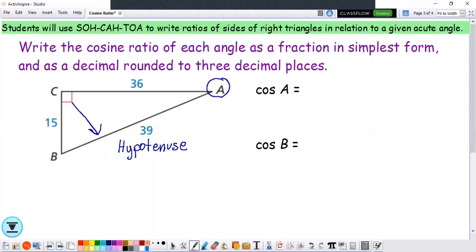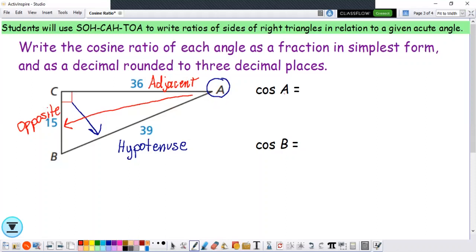And then remember, directly across from the angle is the opposite side. So that leaves the remaining side to be the adjacent. Again, it's the other side that forms the angle we are working with.